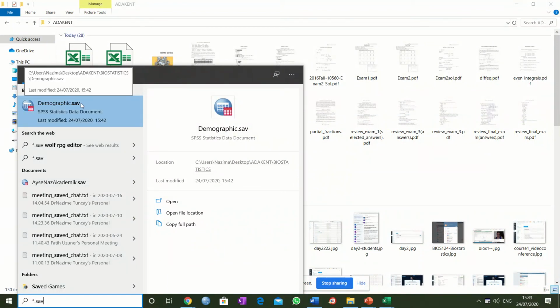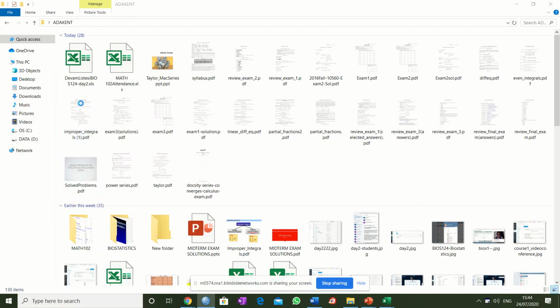Every program has an extension. It's important to know the extensions to work with them. We need programs in all of our work. We cannot avoid them. The more that we know them, the better we can do our job. So this is demographic SAV. This is what we were using.